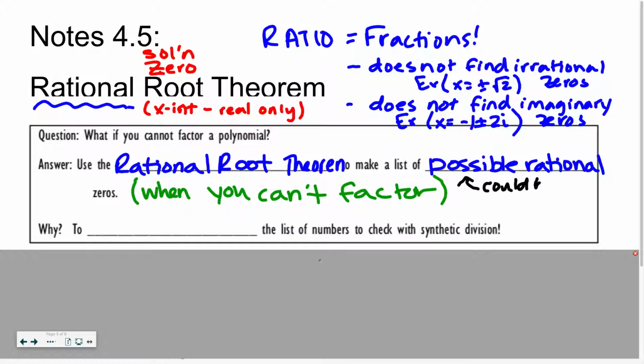It could be a solution. Isn't that what possible means, right? It could be a solution. But it also means it could not be a solution, right? It's possible, but it's not guaranteed. Could be a solution, could not be a solution.